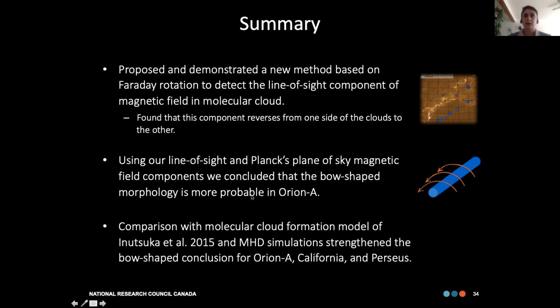When we combined our results with the Planck observations, we saw that a bowl-shaped magnetic field morphology has a higher probability to be a possible magnetic field morphology in Orion-A. And then by using scenarios for molecular cloud formation, or MHD simulation, they have so far strengthened the bowl-shaped conclusion for Orion-A and also for California and Perseus regions.